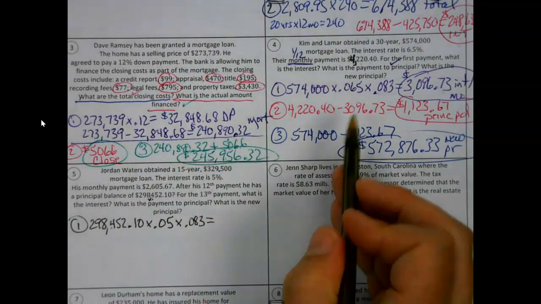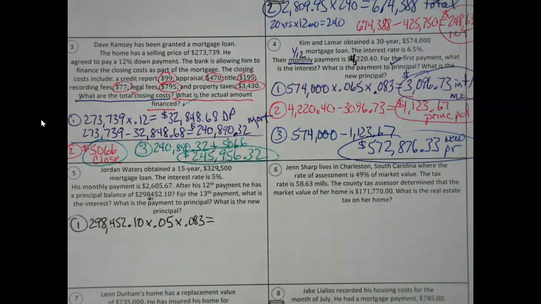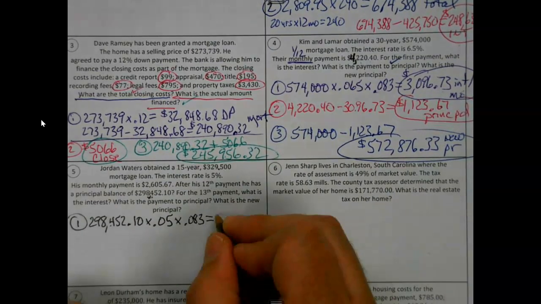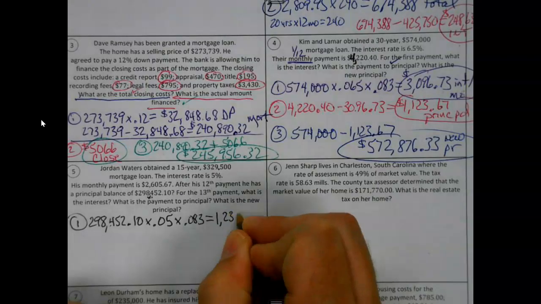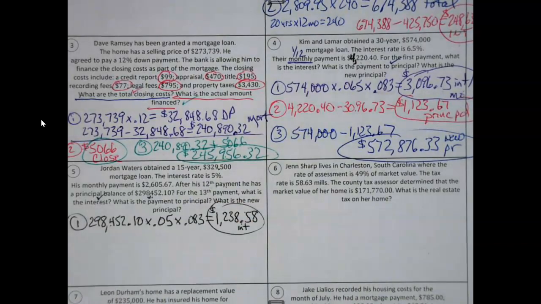So you're like, wait, that's what we did up here when we were looking for the interest. That's what we're looking for here on this next payment. So in some ways, this one's going to be similar. Okay, so there's our interest for this payment. Check.